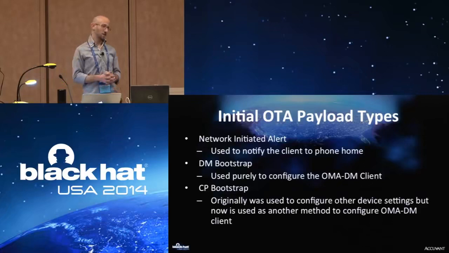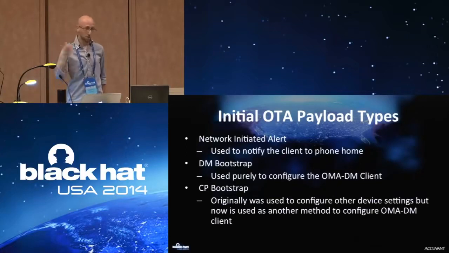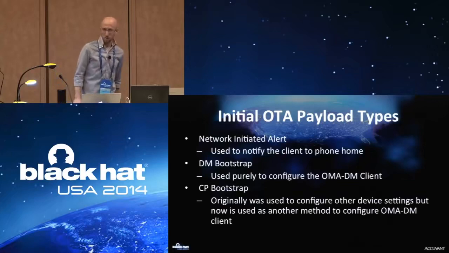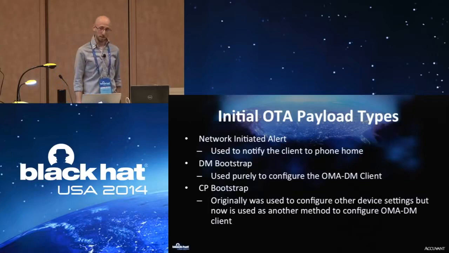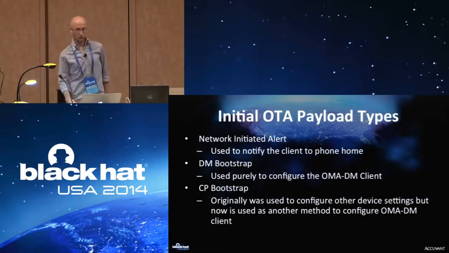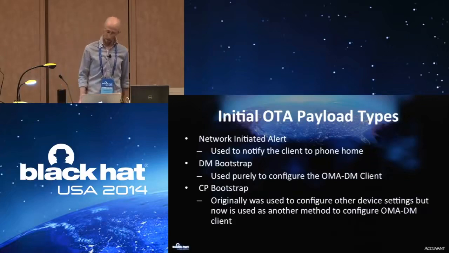More or less on certain devices, this allows the carrier to completely push its own config at any time, anywhere, and it's used to just configure the client. Then we have what's called CP Bootstrap, which is a harken back to OMA CP days. It also can be used to reconfigure the client. Though we found most carriers, at least in the US, are not using DM and CP Bootstrap, except for one.